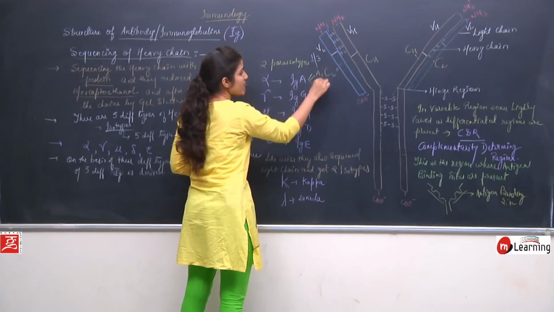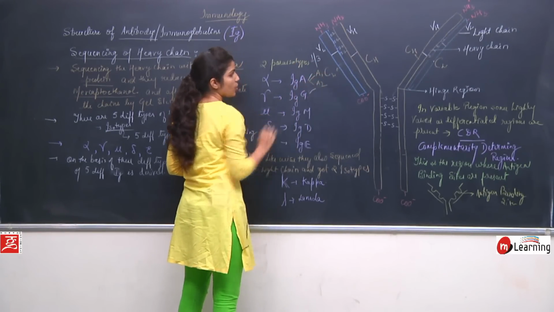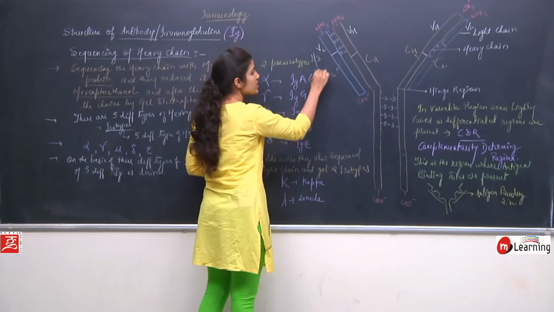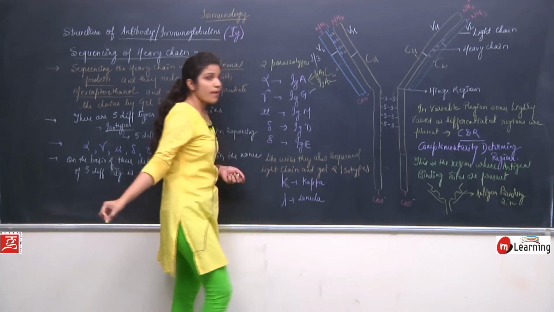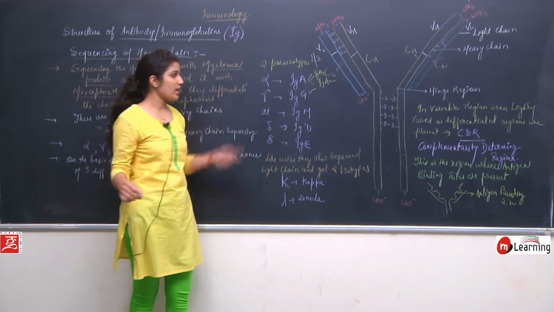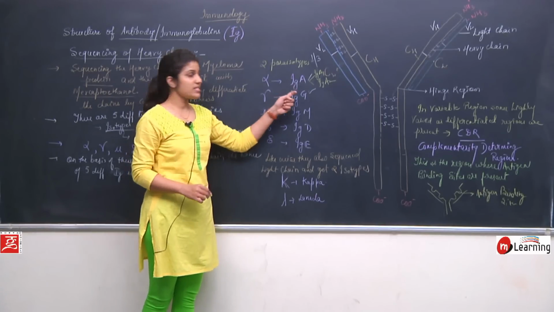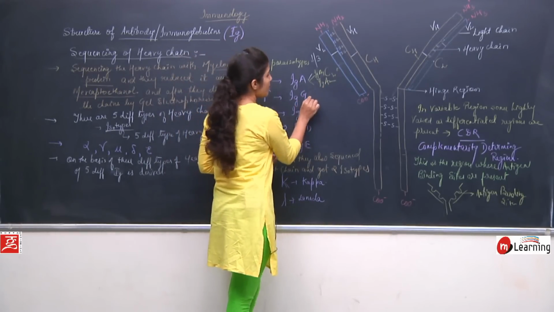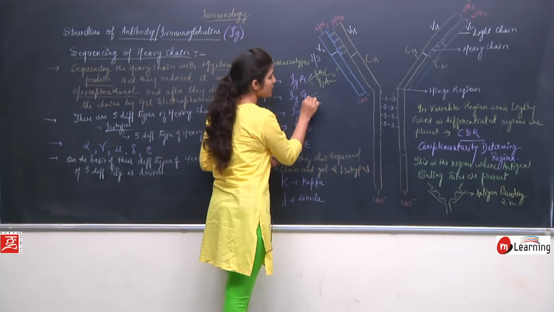They named them IgA1 and IgA2, 2 subtypes of IgA. And likewise when they sequenced IgG, they got 4 subtypes of IgG.